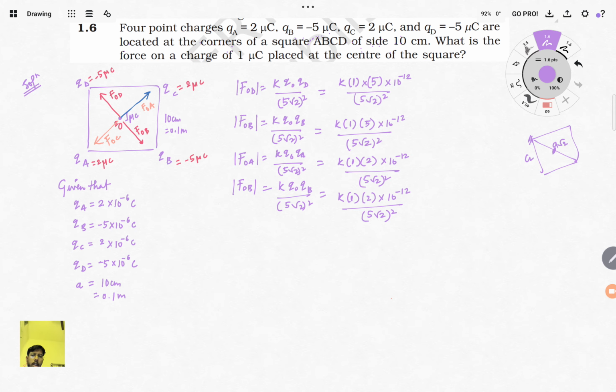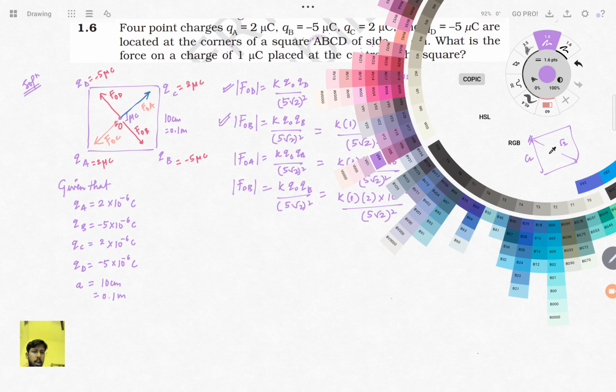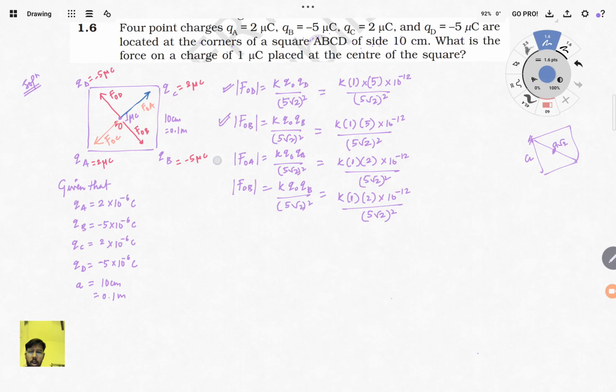And now you can see that this and this magnitude are the same, and this and this magnitude are the same, right?